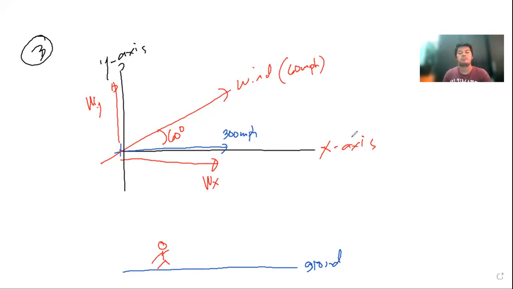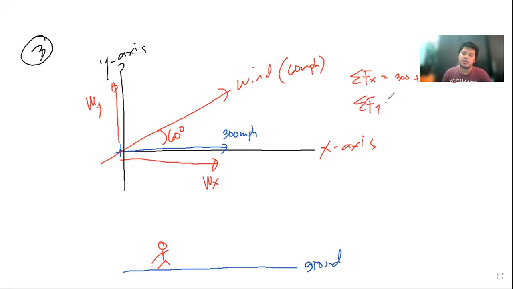So we can calculate. The summation of the forces along the x component, for the airplane, that's 300, plus 60 cosine of 60 degrees. This is the x component.